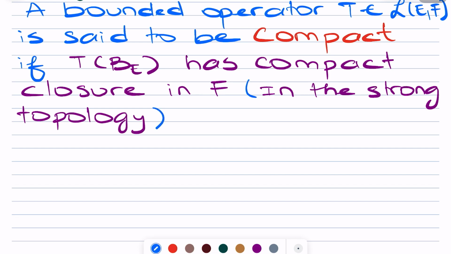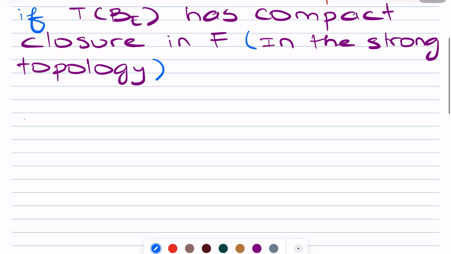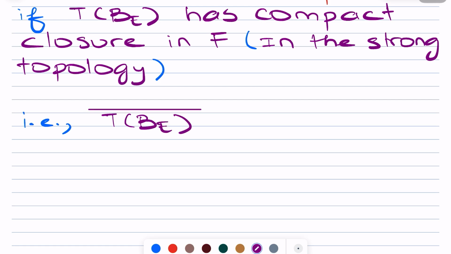So this is equivalent to saying that the closure of this, in the strong topology, is compact, right?